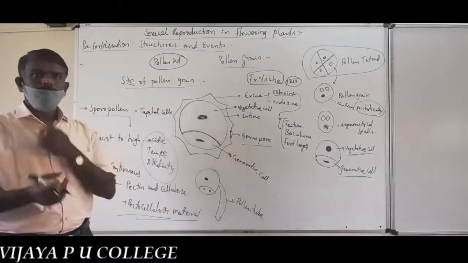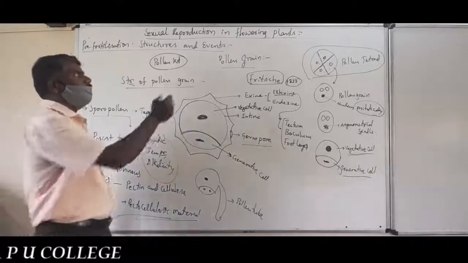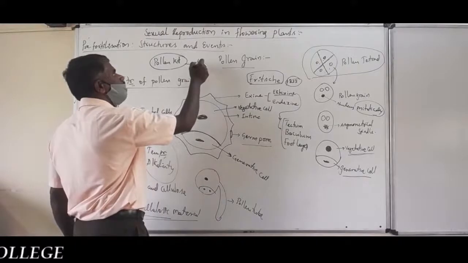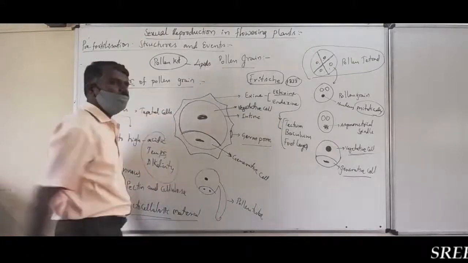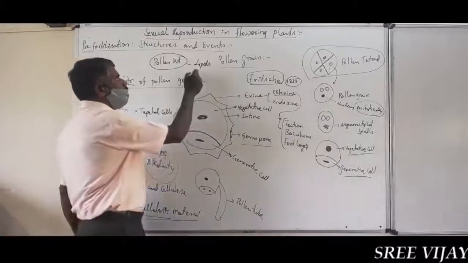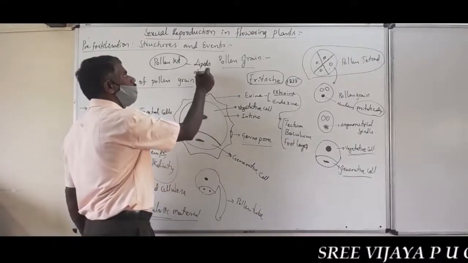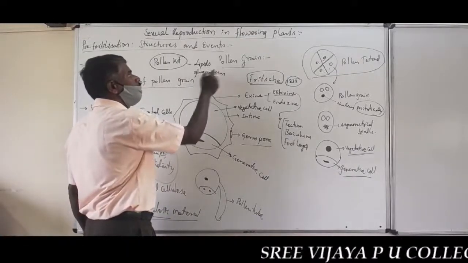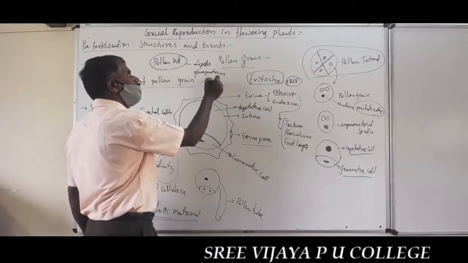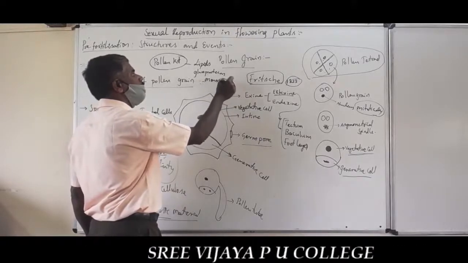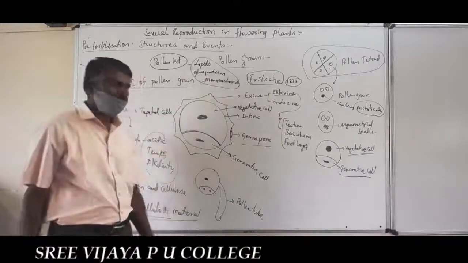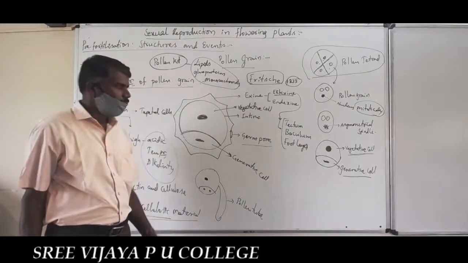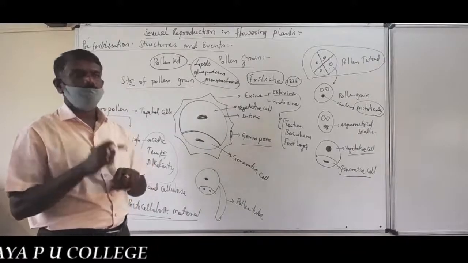It is a viscous fluid consisting of certain lipids, certain glycoproteins, and certain monosaccharides. So these are present in that outer viscous fluid, and it gives a gummy-like substance.